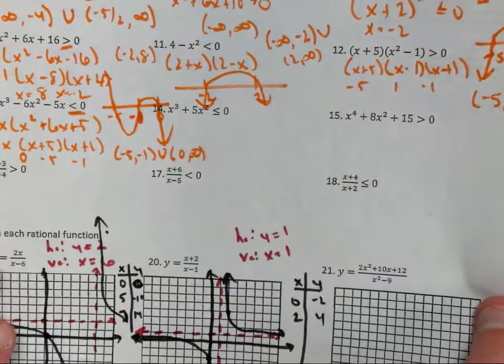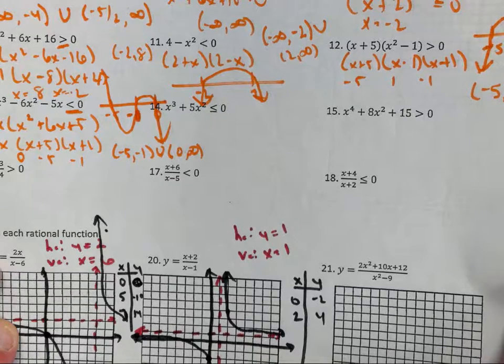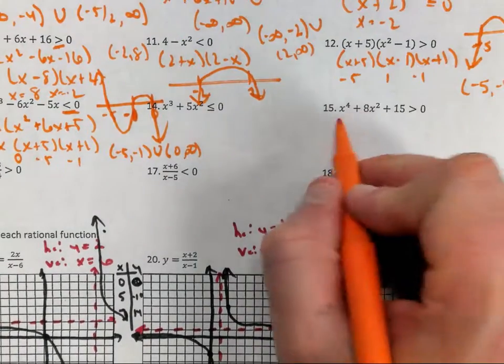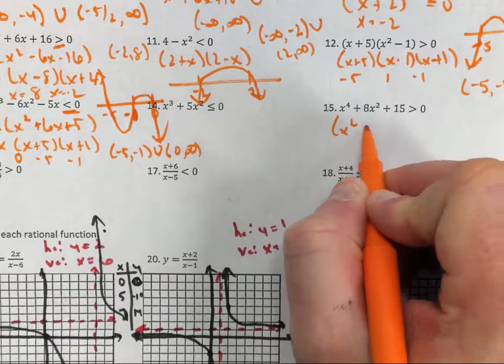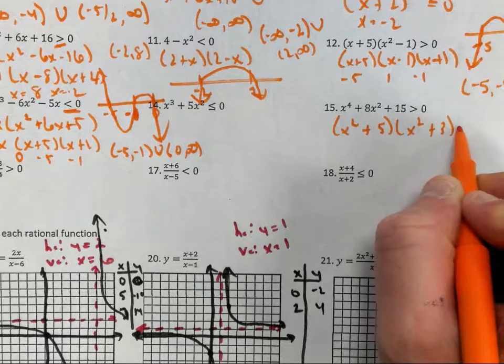Number 15. Did we skip 15? We're going to do 15 because I just want to show you. This would be x squared plus 5, x squared plus 3.